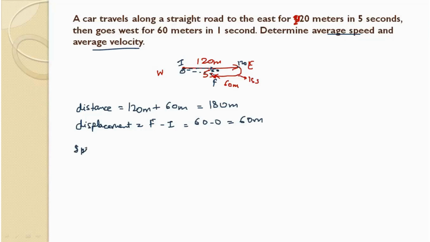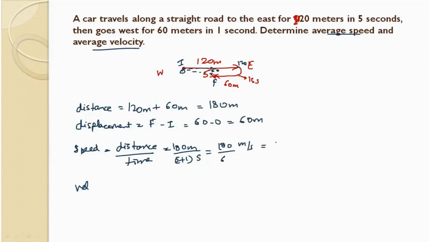So speed is equal to distance upon time. So distance divided by time is 180 meters, and velocity is displacement divided by time. The time is 5 seconds plus 1 second, so it would be 180 meters divided by 6 seconds, which is 30 meters per second.